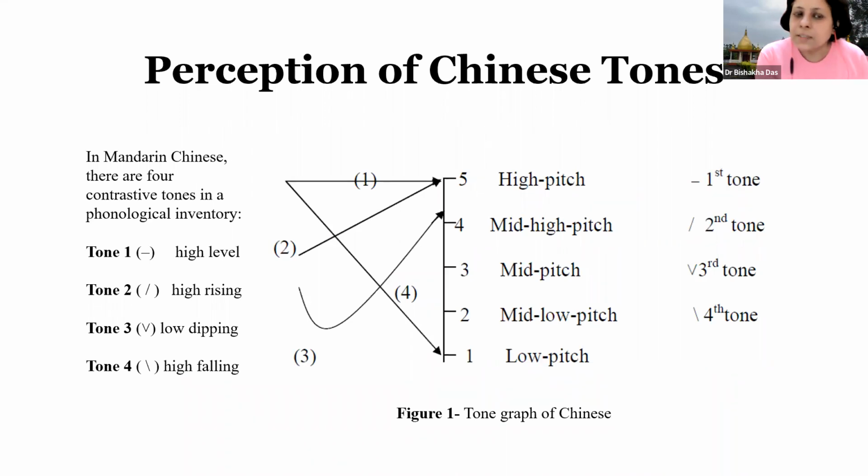First tone is high level pitch, so it is ma, and next is high rising pitch, so it's ma, and then there is tone 3 that is low dipping, falling and rising, so it's ma, and then tone 4 is high falling, so it is ma, or xie xie. That's thank you, xie xie. So in Mandarin, it is very nice. So it's a sing-song language like Tai Khamti.